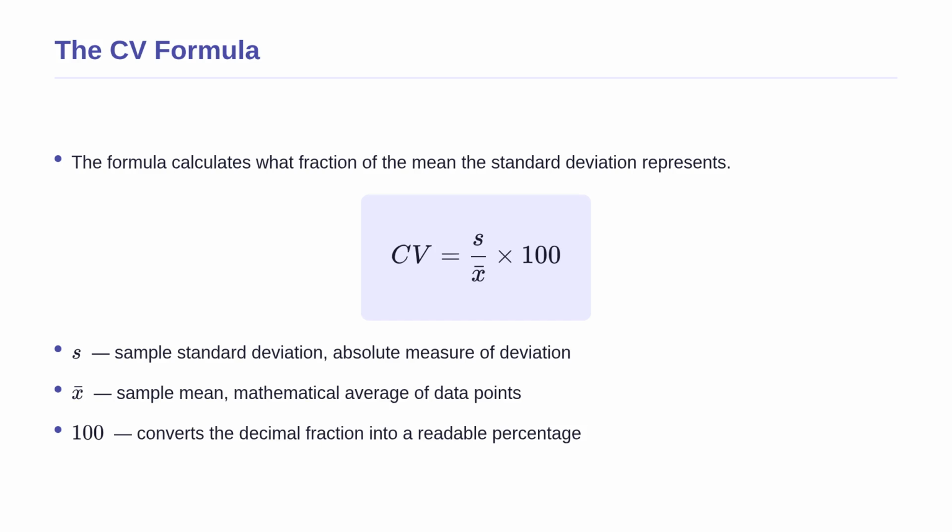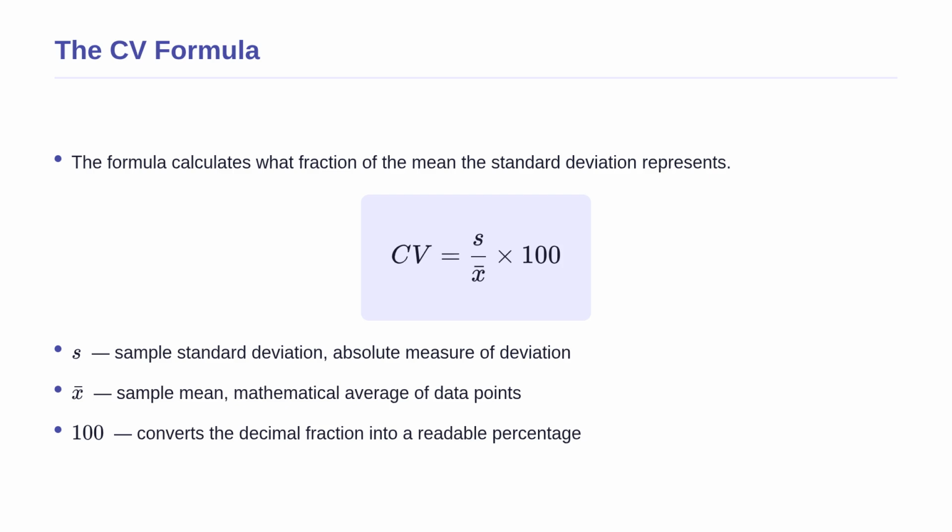This brings us to the mathematical representation of the coefficient of variance. The formula is beautifully simple. We take the sample standard deviation, represented by the letter S, and divide it by the sample mean, represented by x bar. Then we multiply by 100.